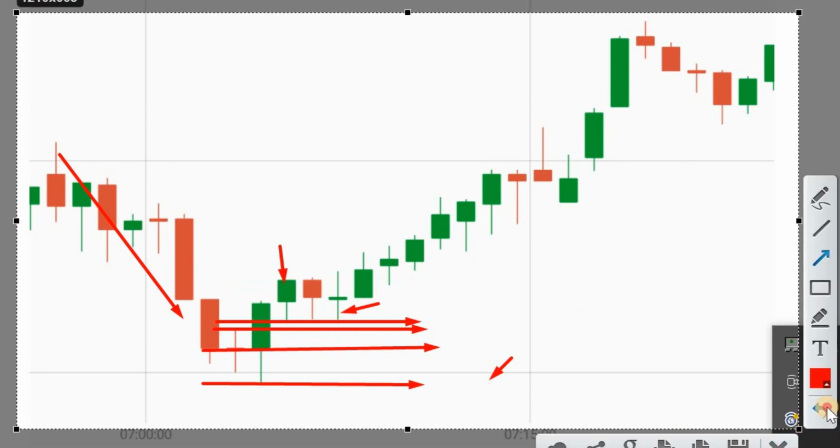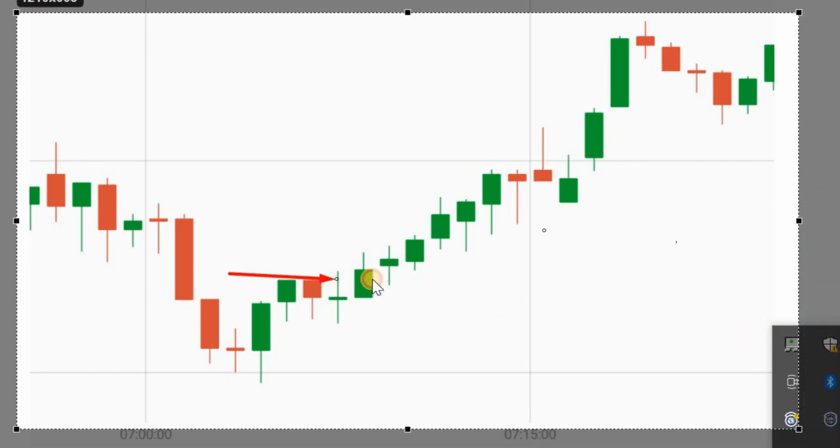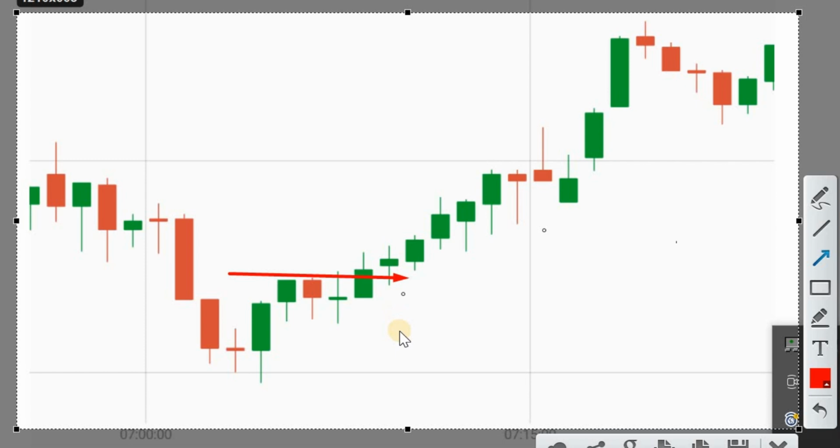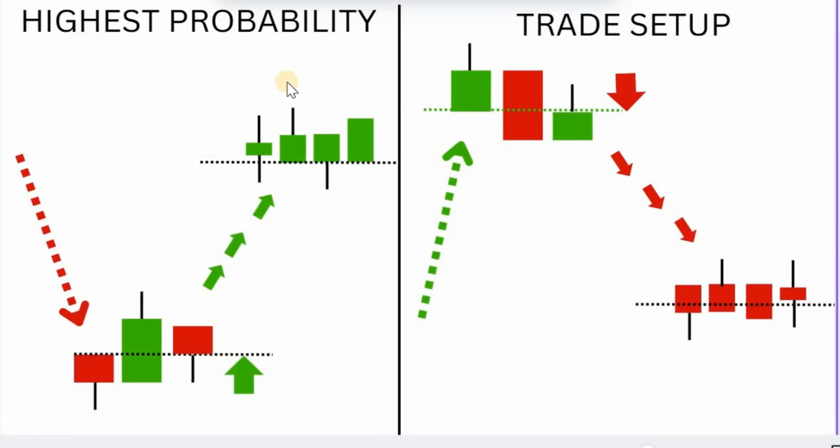And now apart from this, you can also see another level here. You can see this candlestick forming a level here, and this particular candlestick, like what I have shown before, something like this.